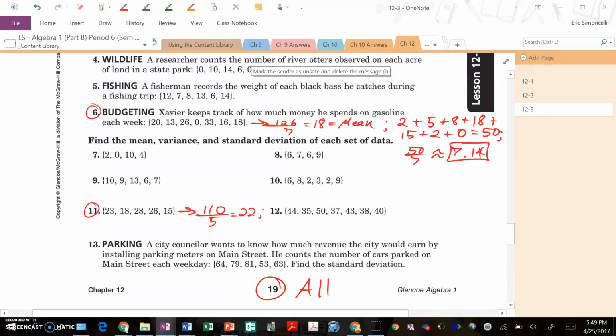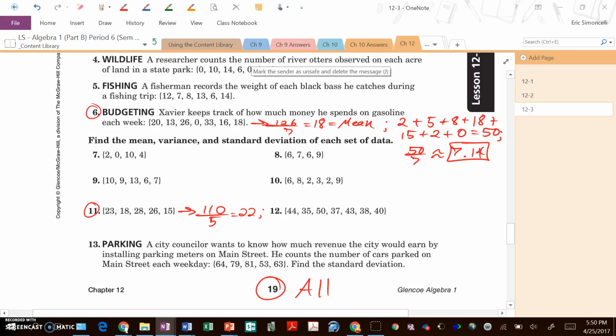So we simply take, and I'll do this on my calculator here, (23 minus 22) squared plus (18 minus 22) squared plus (28 minus 22) squared plus (26 minus 22) squared plus, and then lastly, (15 minus 22) squared.